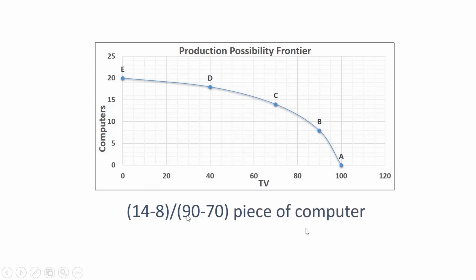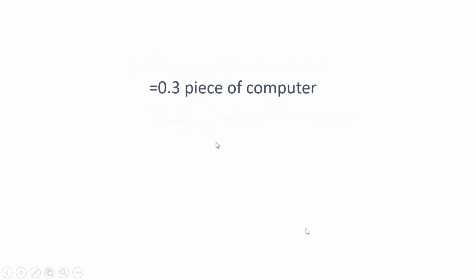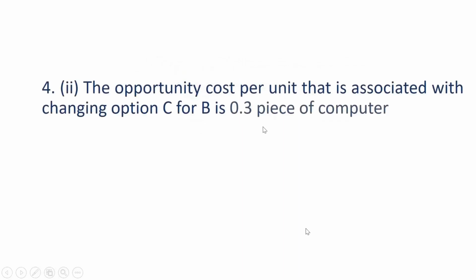And when we do the division, we are going to get the opportunity cost associated with that change in option. The difference 6 for computers, so we are losing 6 computers and we are gaining 20 TV. So per unit, we have 0.3 piece of computer being the opportunity cost. So the opportunity cost per unit, that is associated with changing option C for B, is 0.3 piece of computer.